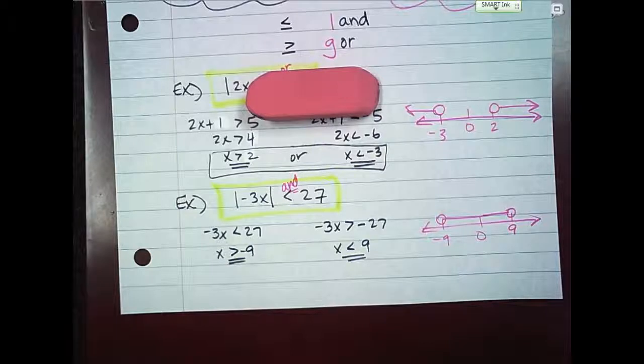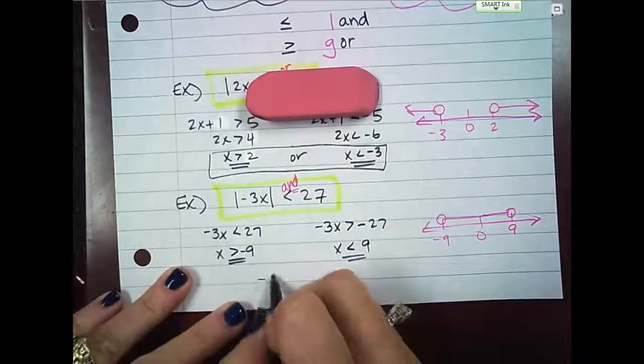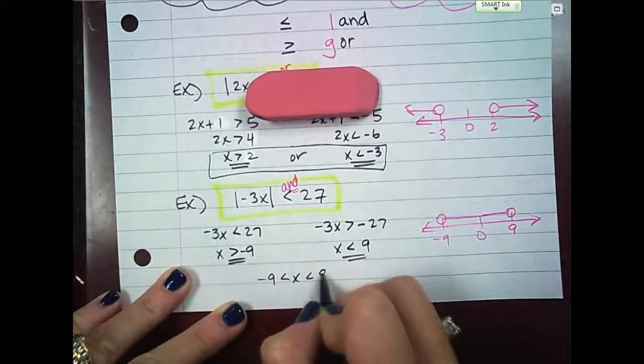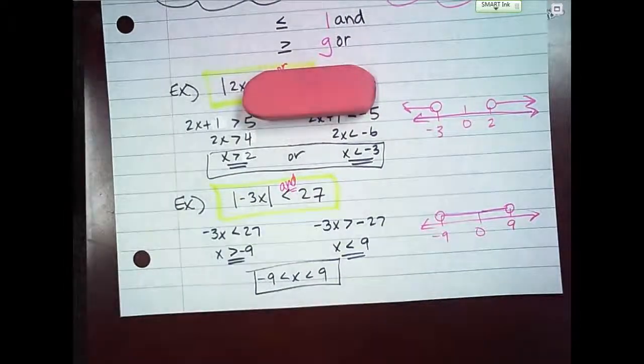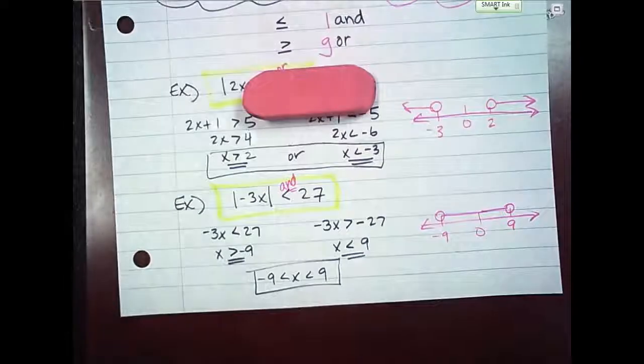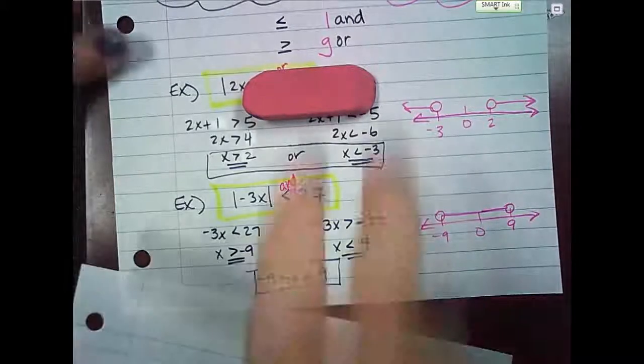And that's why knowing it's and just kind of makes life a little easier for you. When you write your and answers, it's smallest to biggest. Negative 9 is less than x is less than 9. In other words, I actually kind of like this method. It says it perfectly. Look, x is between negative 9 and 9. Right? Same here. x is between negative 9 and 9. Pretty easy, right? Go to the next one.